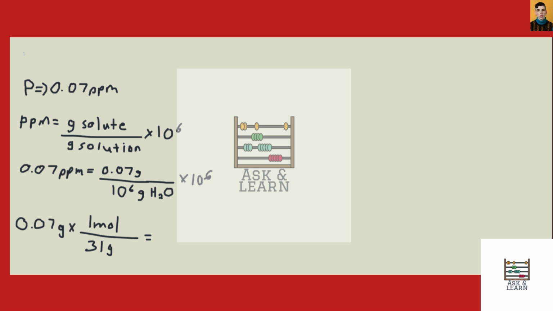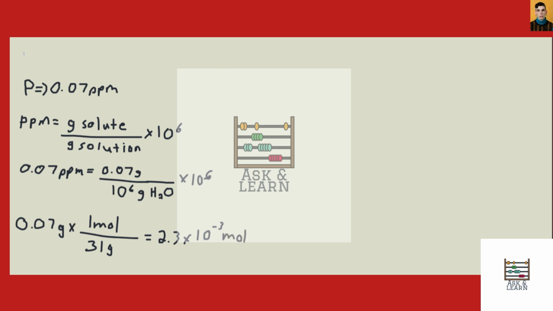So 0.07 divided by 31 is going to be 2.3 times 10 to the negative third moles.